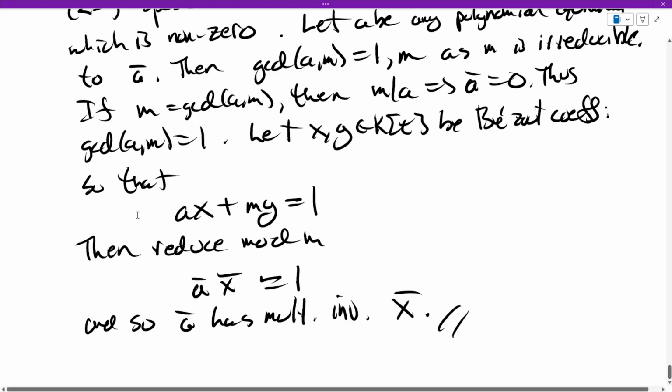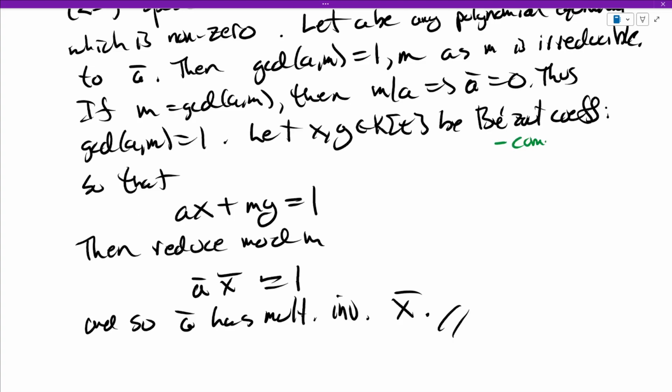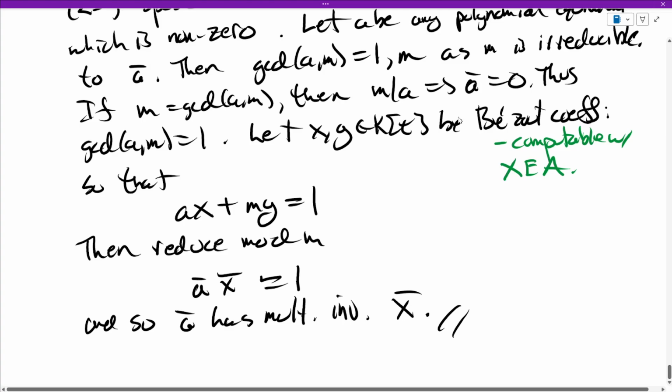And remember, just as an aside, not really relevant for this class, these are computable. There's an algorithm, the extended Euclidean algorithm, and that's an incredibly efficient algorithm. So these are very easy to compute. Anyways, you look at Bezout coefficients in the irreducible case, and that gives you the multiplicative inverse.